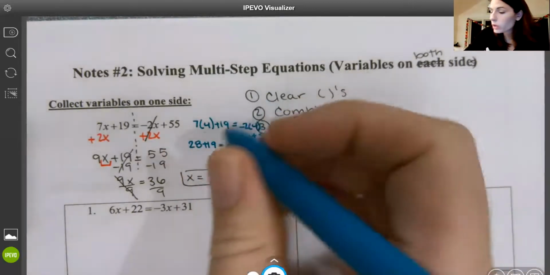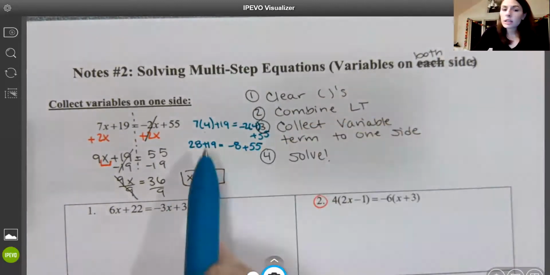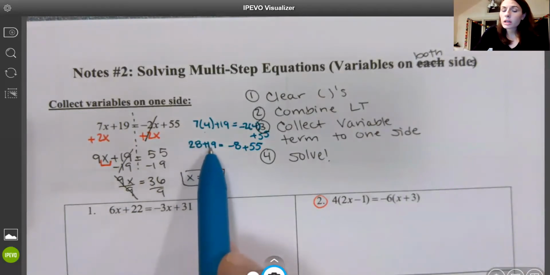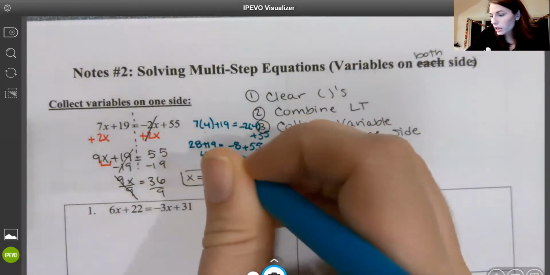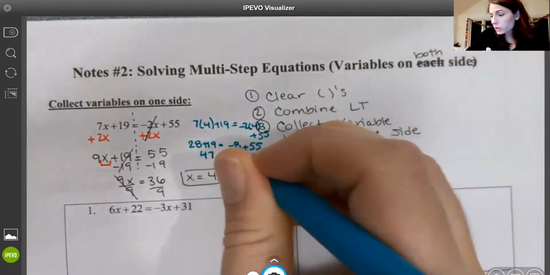Negative 2 times 4 gives me negative 8 plus 55. And then adding together 28 and 19 is going to give me 47. And 55 take away 8 is also going to give me 47.